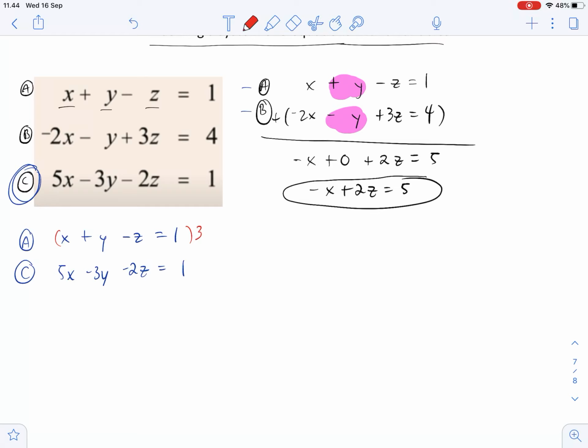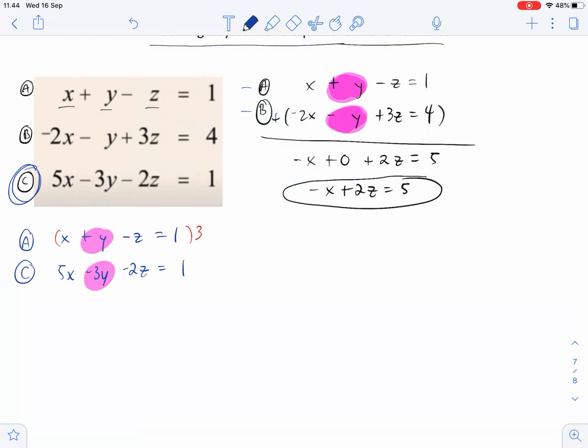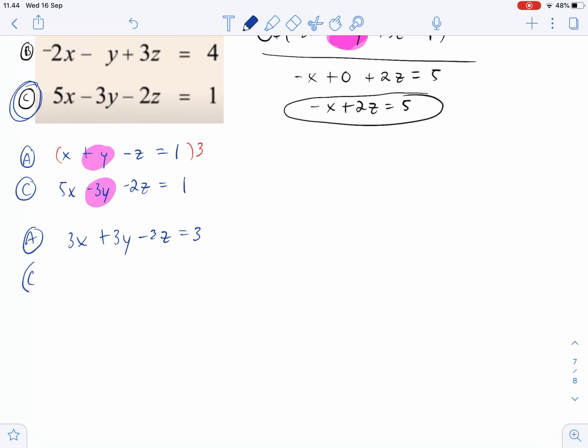I want to eliminate the same variable that I did in the previous equation, otherwise it won't be very helpful. So I multiply the top by 3, and now I rewrite equation A as 3x plus 3y minus 3z is equal to 3. And I'm just going to write C again underneath it.